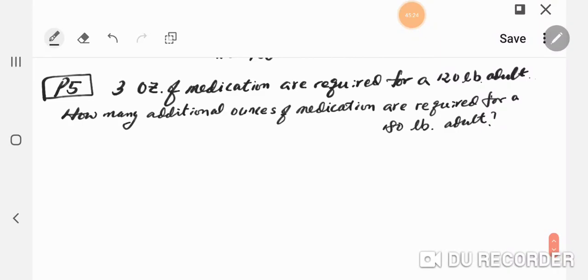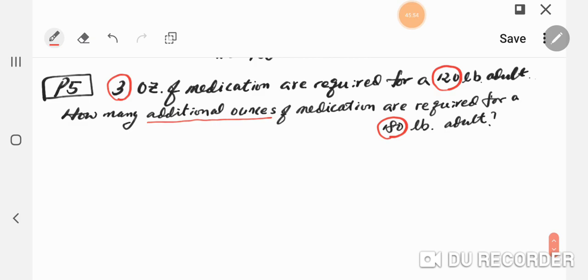Now 3 ounces of medication is required for a 112-pound adult. Then how many additional ounces of medication are required for a 180-pound adult? So we will use this ratio also.